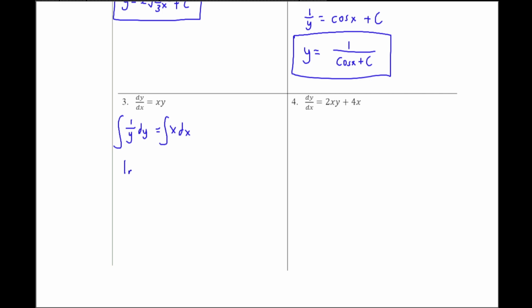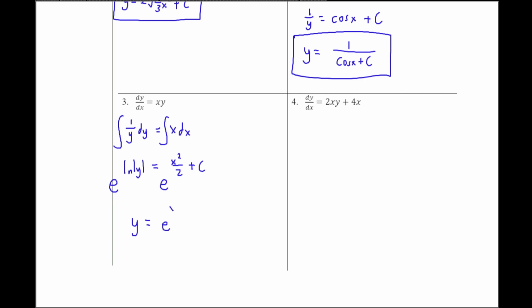We have ln of the absolute value of y equals x squared over 2 plus c. So, if you remember, this could be new to some of you. If you have an ln of y and you want to make this a y, you take e and raise it to the exponents right there, because e to the ln y, that's just y. And then on the right here, you just leave it as is.